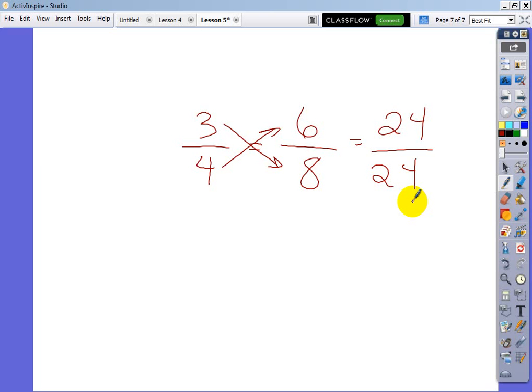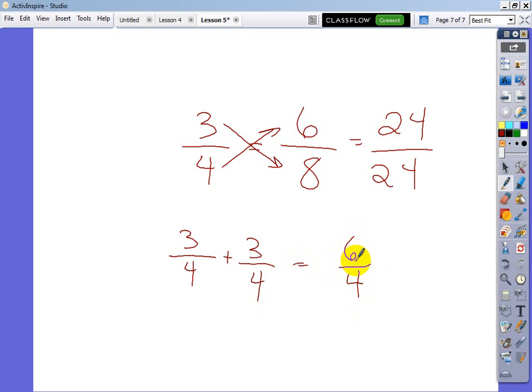Another way to find an equivalent fraction is to add that fraction to itself. If you add 3/4 to 3/4, you would get 6/8. Okay, when you add fractions, it's a little different, guys. We have to keep the denominators. It's still going to be fourths, there's just going to be a lot more fourths. There's going to be 6/4.